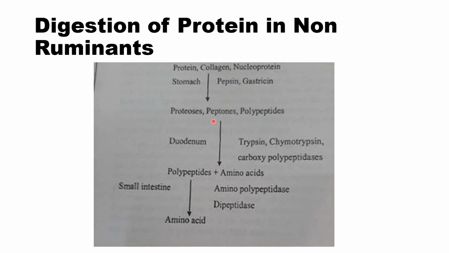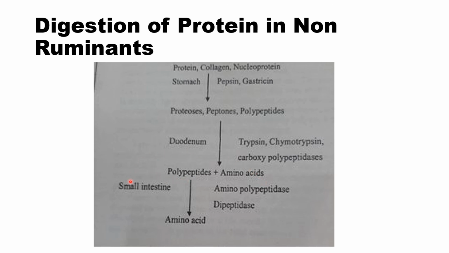Now, these proteases, peptones, polypeptides, pupunta ngayon doon sa duodenum, which is the part of the small intestine, and then yung mga enzymes na trypsin, chymotrypsin, carboxypolypeptidases, they will break down these proteases, peptones, polypeptides into polypeptides plus amino acid.